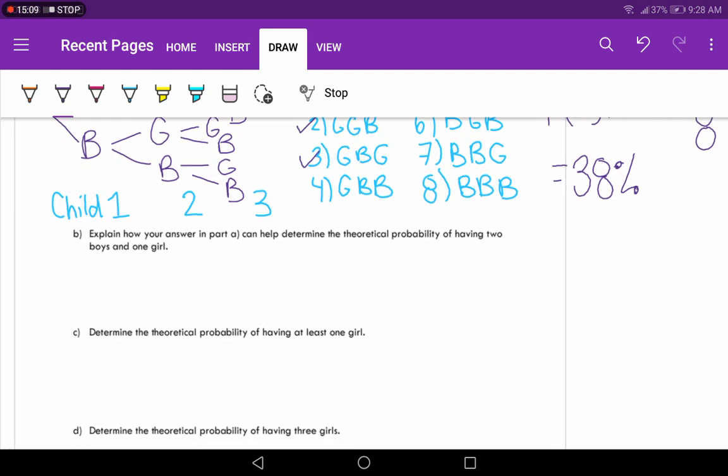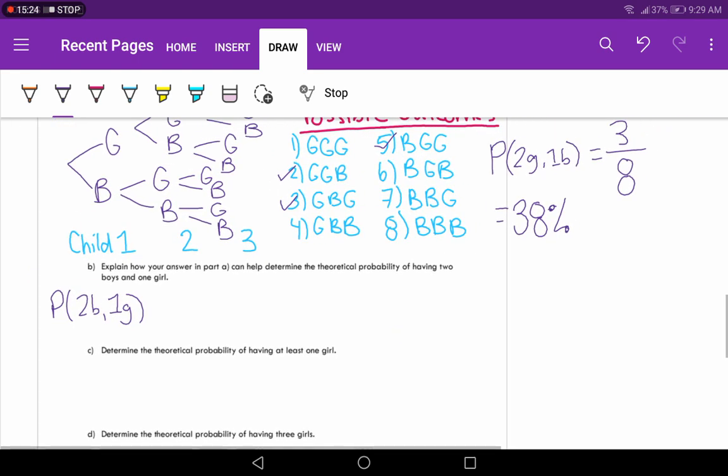Part B says, explain how your answer in Part A can help you determine the theoretical probability of having 2 boys and 1 girl. So it's asking you for the probability of now 2 boys, 1 girl. Because it's a 2-to-1 ratio, the probability is going to be the exact same, theoretically.